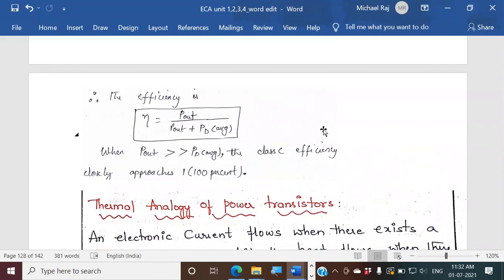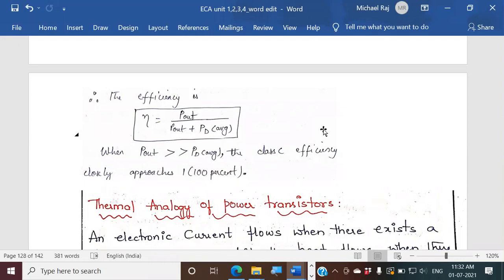Now tell me which case. Transistor, what happens? We have a junction. If we have power dissipation, the junction gets heated up. That is what it means: power dissipated in the form of heat. We have the emitter base junction and the collector base junction.